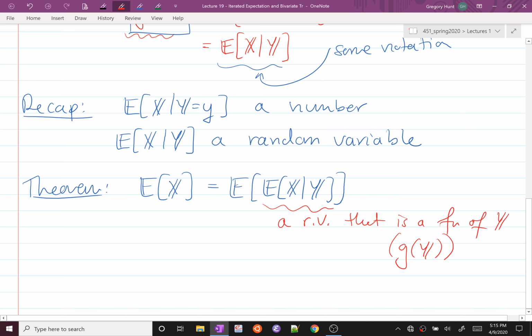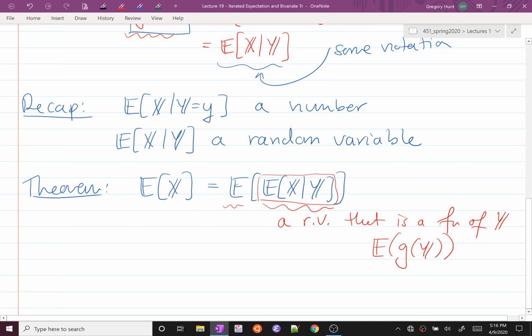And thus we can take its expectation, so we could ask for the expected value of g of Y, or instead of using the g notation, the expected value of the expected value of X given Y, because this thing in here is a random variable, and so we can ask for its expectation.